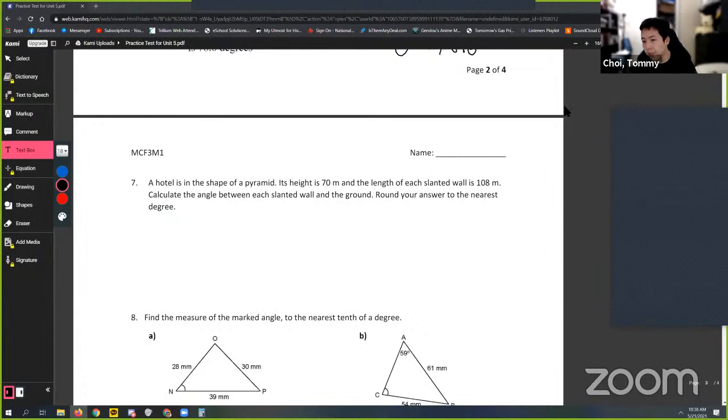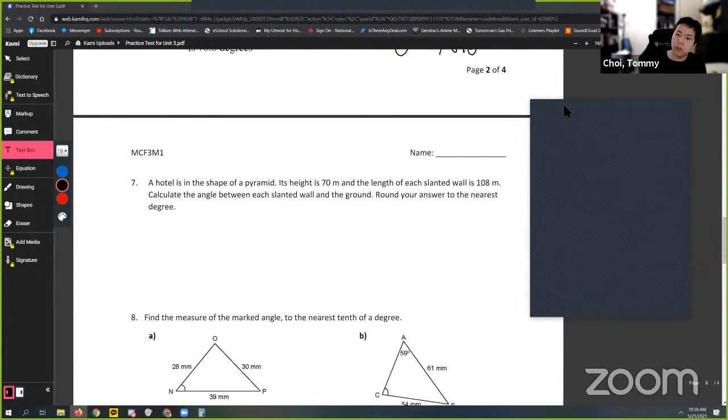If you were to solve question 7 right now, which method would you use?